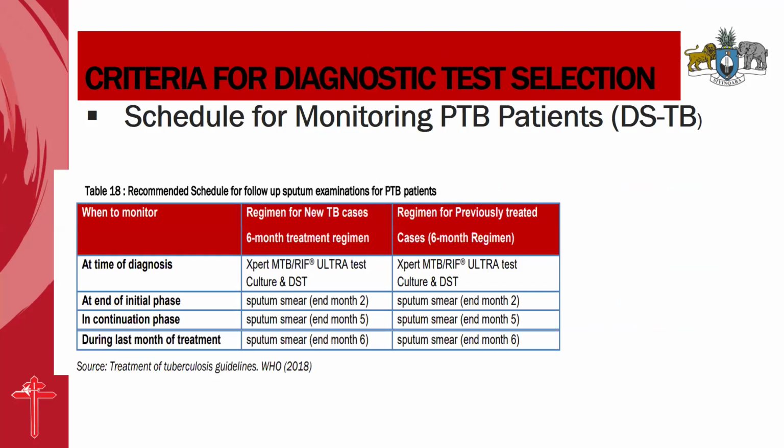It tells you that at the time of diagnosis we have the Xpert MTB/RIF Ultra test and culture and DST, and then we follow with smear and culture at the end of 5 months, and then smear at the end of 6 months.